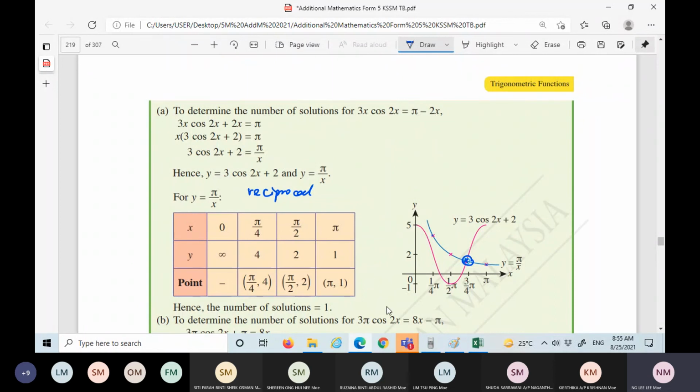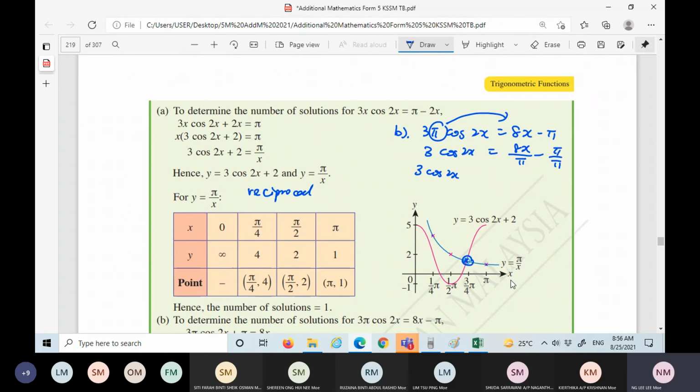Part B is this: 3 pi cos 2x equals 8x minus pi. The original one is 3 cos 2x plus 2. So cos 2x is already here, the 3 also here. The pi I don't want, so the pi brings to this side and becomes divide. So 8x divided by pi, and then pi divided by pi.